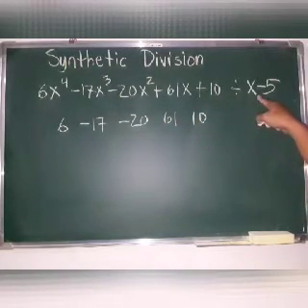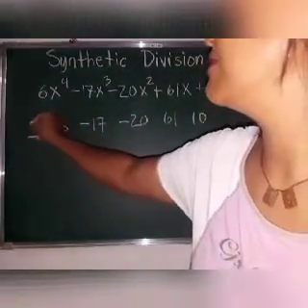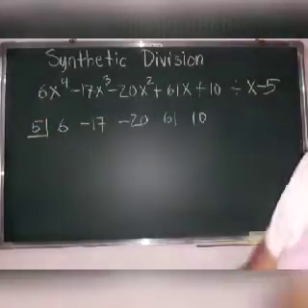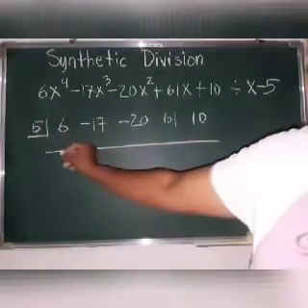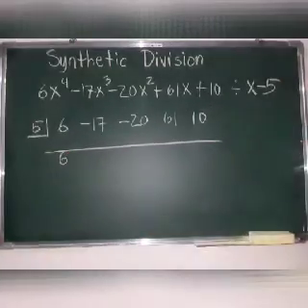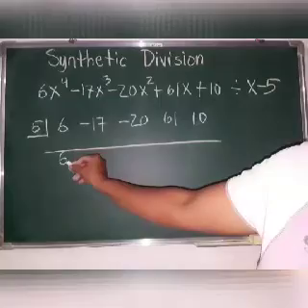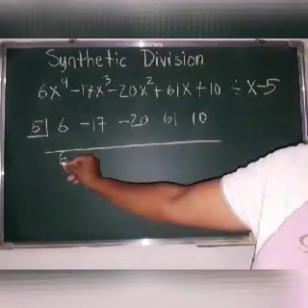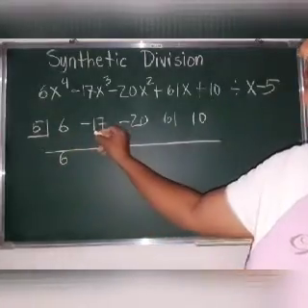Divided by the opposite sign, negative 5. So, magkakaroon tayo ng positive 5. Make a line. And then bring down the first number. And then next, we're going to multiply the first number to our divisor. 6 times 5, 30.